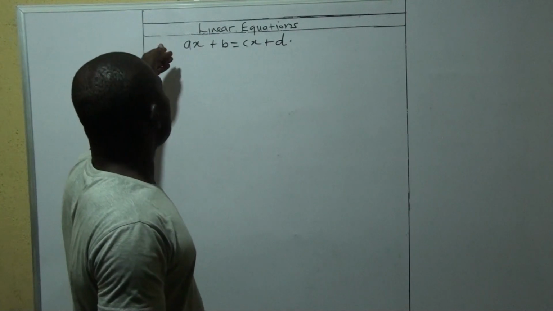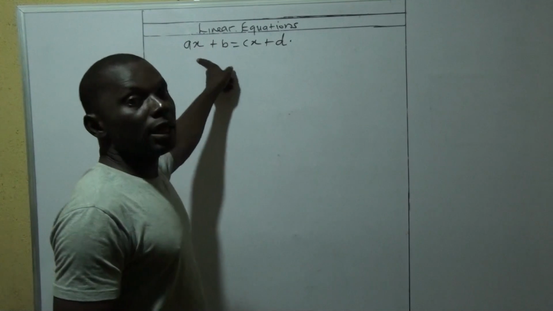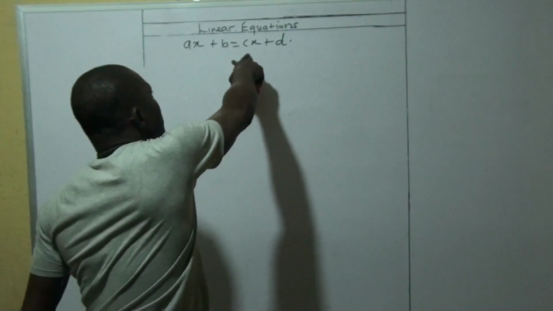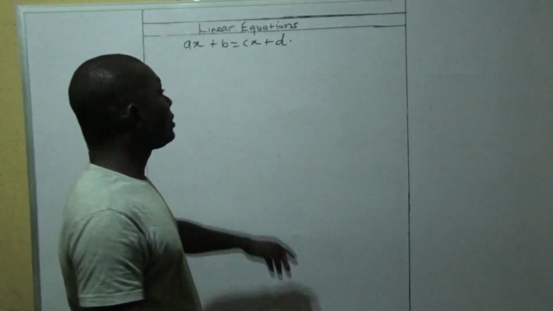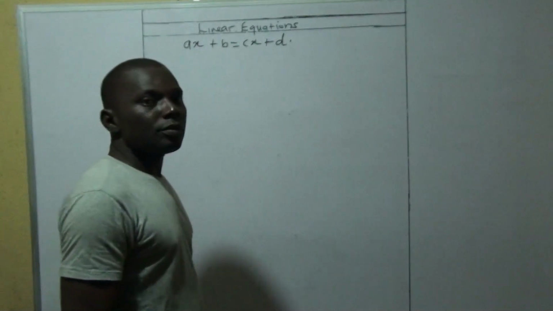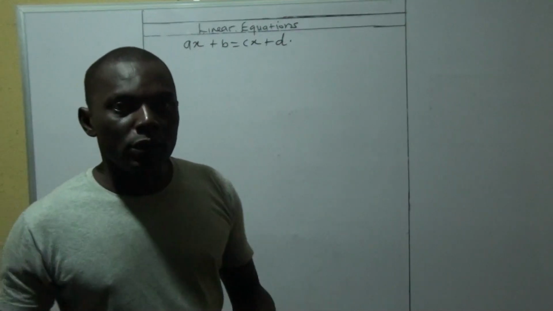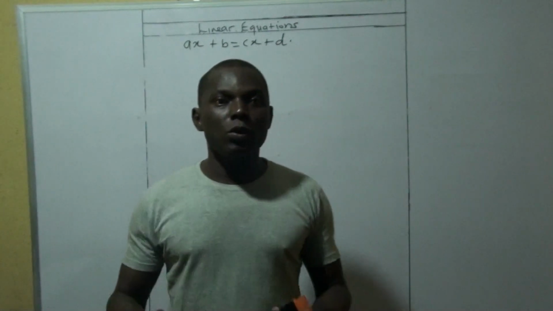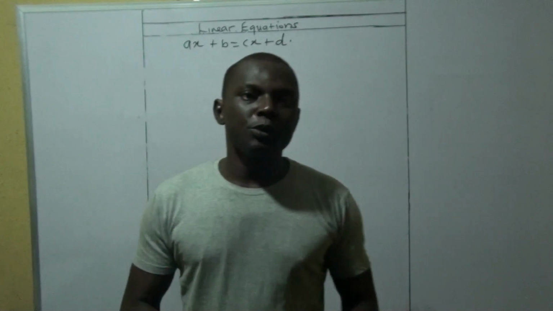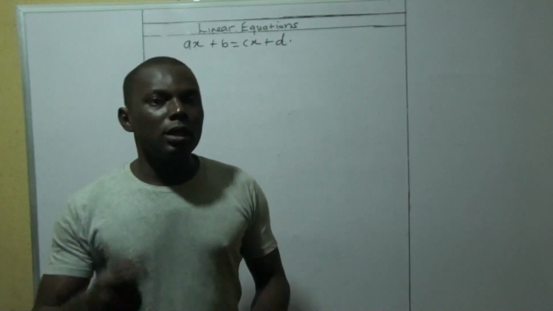On the left hand side we have an unknown term ax, and on the right hand side you also have an unknown term cx, and on both sides we have a constant term. So if you are confronted with this kind of linear equation, how do we resolve it? That is typically what we are going to look at in this video.